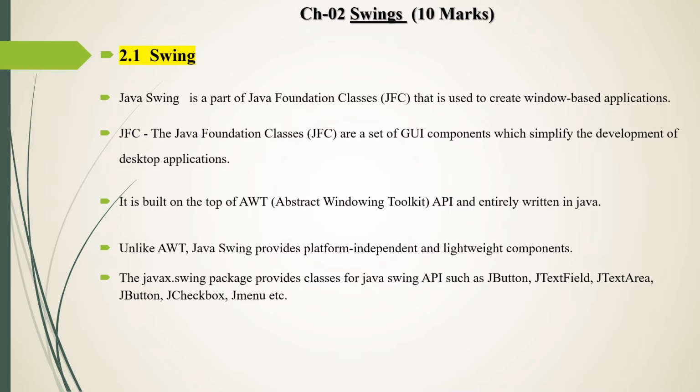So the difference between AWT and Swing: in AWT we use the Button class and in Swing we use the JButton class. So it is a small difference. The class names are different in Swing. All classes start with J. In AWT we use TextField, in Swing we use JTextField.